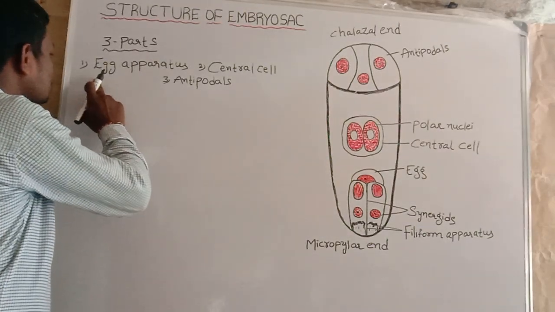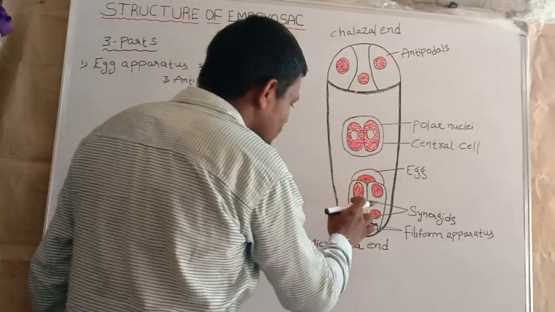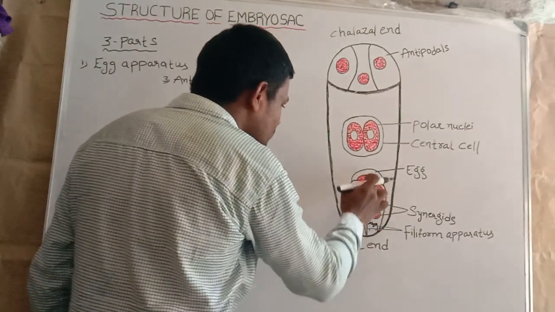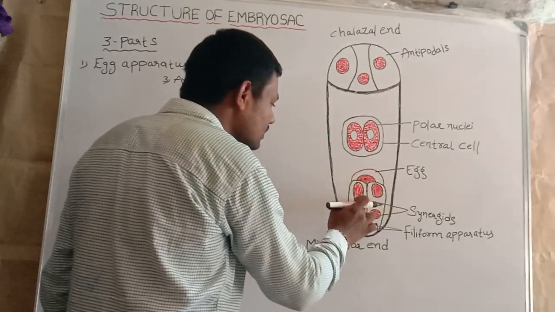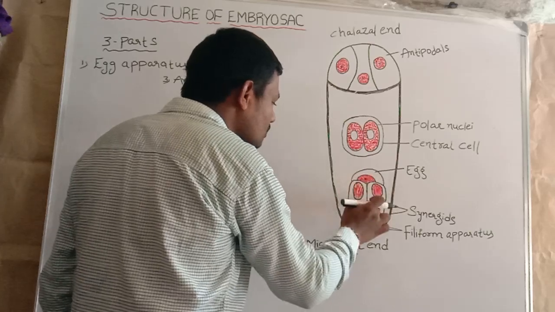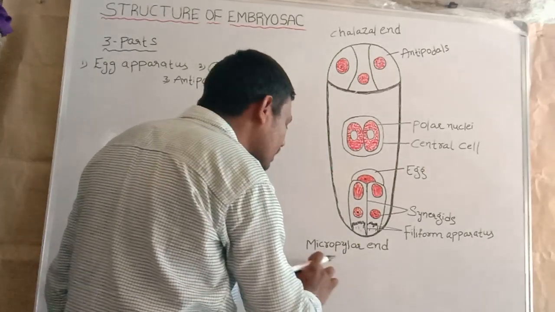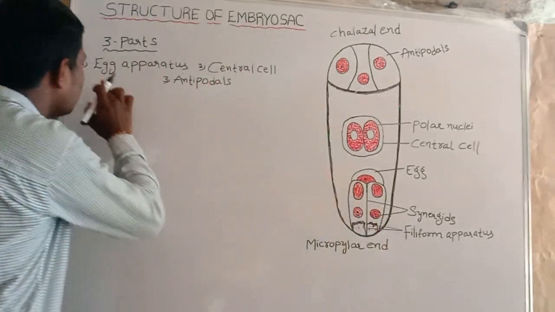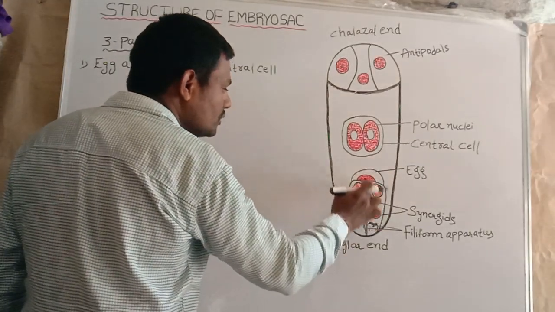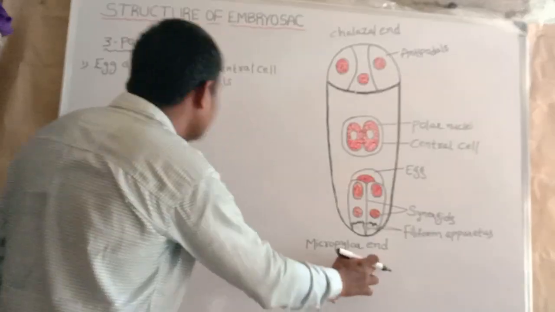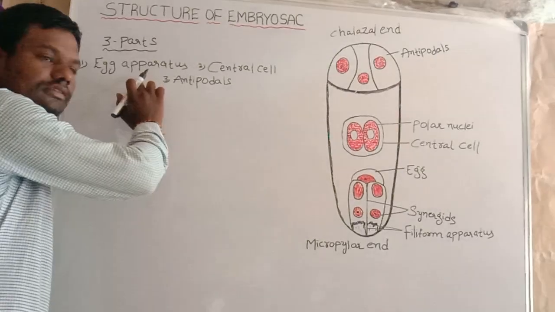Now let us discuss the first one, the egg apparatus. Three cells which are grouped together at the micropylar end are called the egg apparatus.